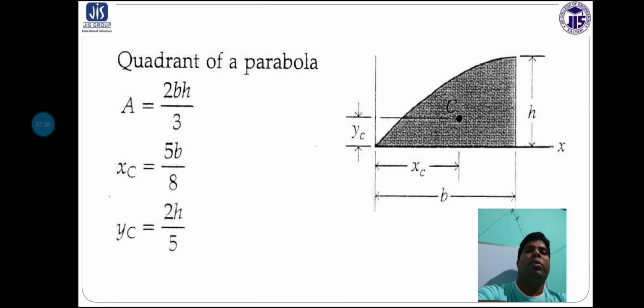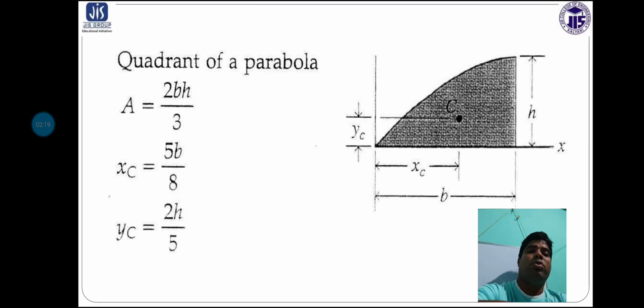Now quadrant of a parabola. So A is equal to 2bh by 3, xc will be 5b by 8 and yc will be 2h by 5. But one question is there, how can it be remembered?